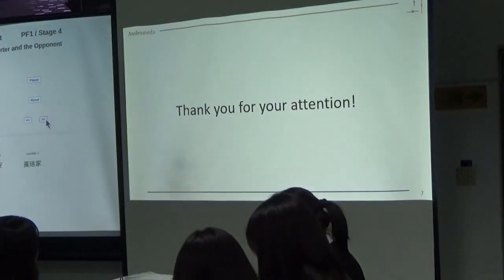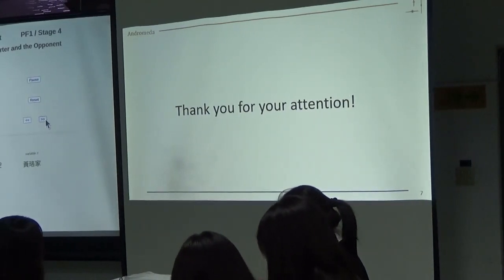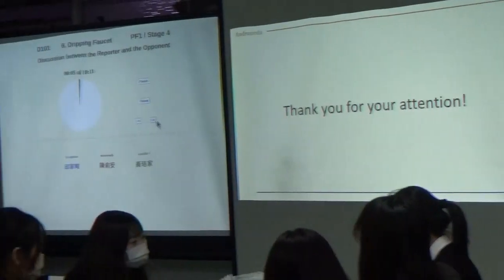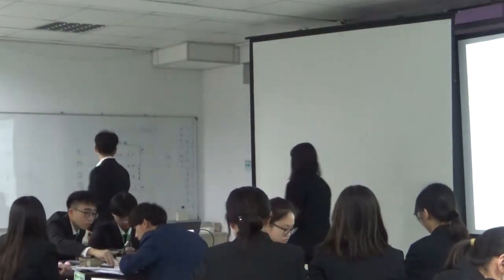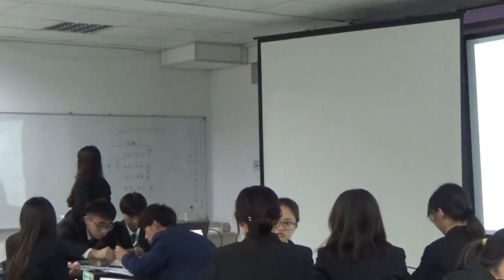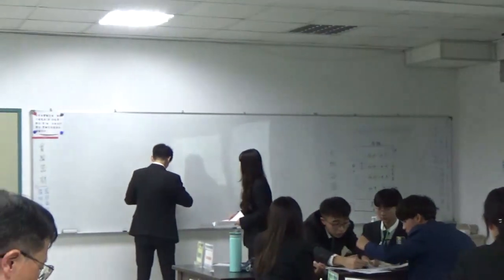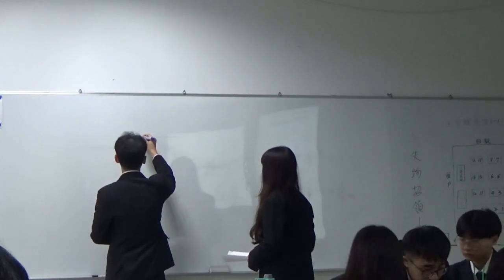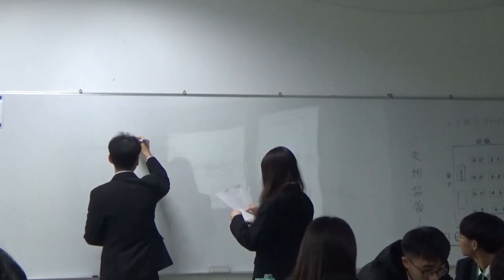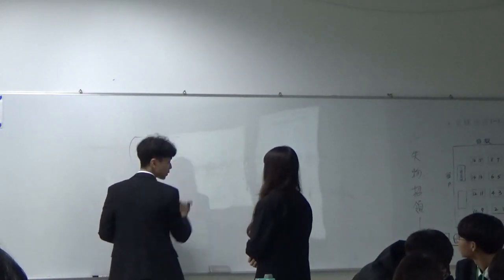So first of all, since we didn't mention how the droplet will form, can you please write the force analysis on the board so that we can have a better investigation? This is the process. Yes. And first you will have a sphere shape.